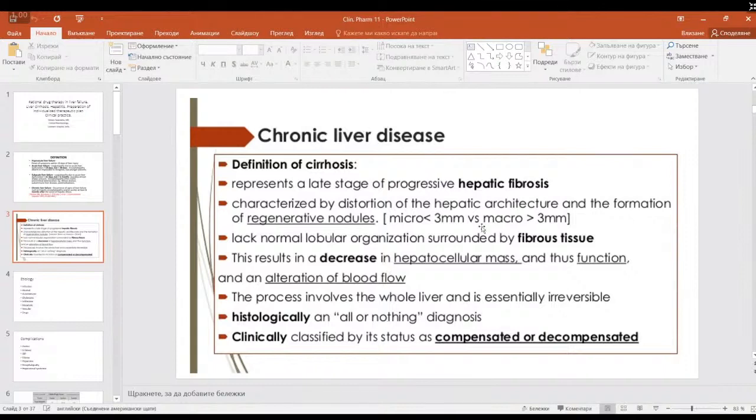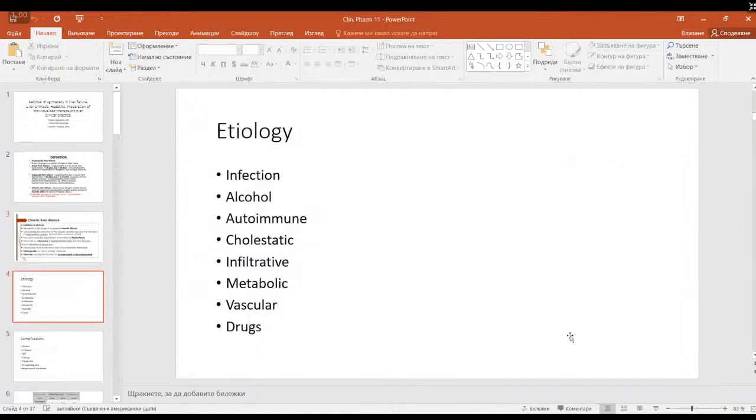Clinically, we classify chronic liver failure as either compensated when the patient is feeling well, almost asymptomatic, and when the patient's symptoms get worse, this is a state of decompensated liver failure. The etiology of liver failure is different.